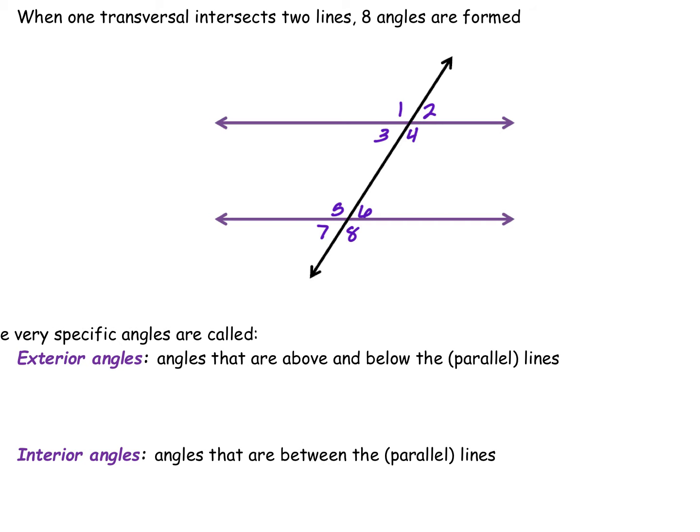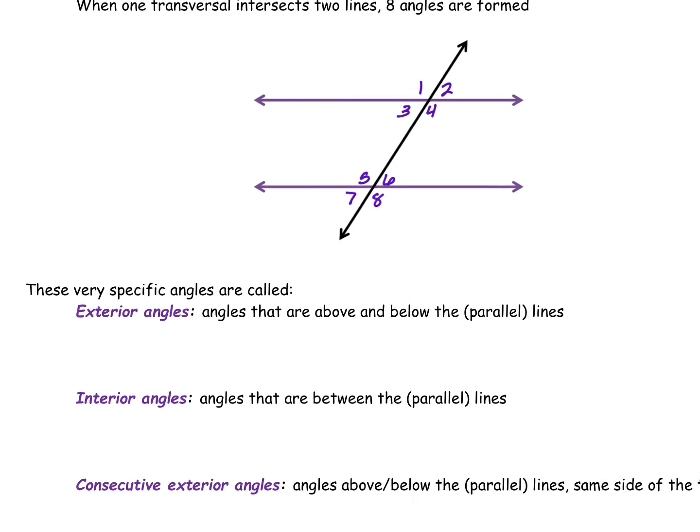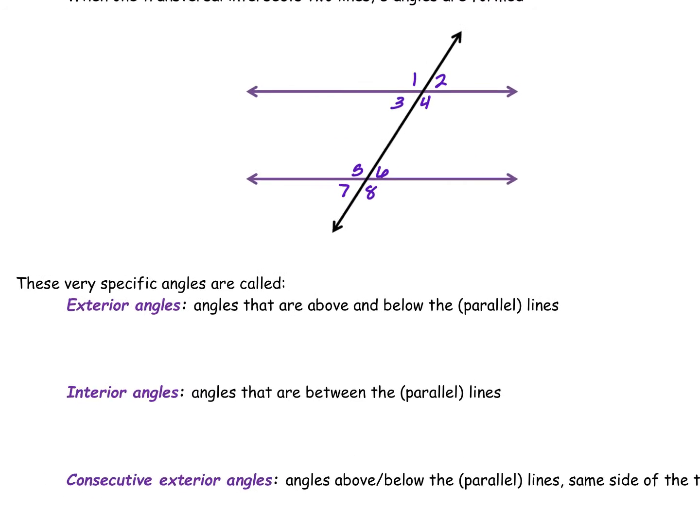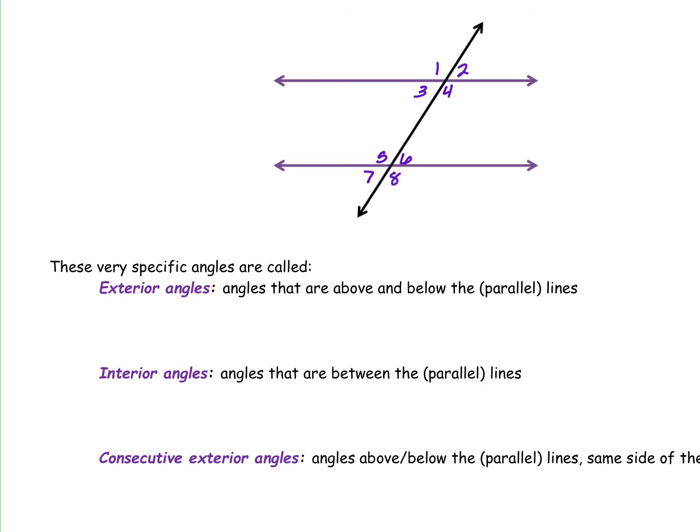So then we're going to have these very specific angles. There are several different names for these types of angles, and we're going to talk about each of them. Okay. So the first one we're going to talk about is called exterior angles, and those are angles that are above and below the parallel lines. Okay. So in those 8 numbered angles, which ones would be exterior?